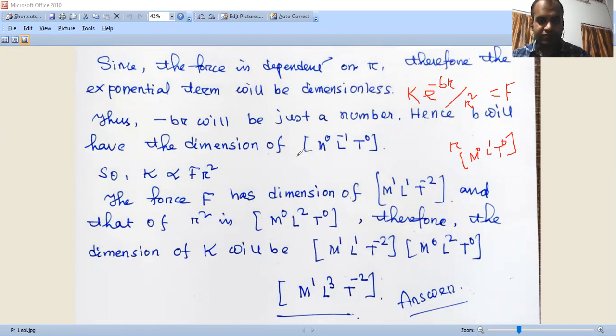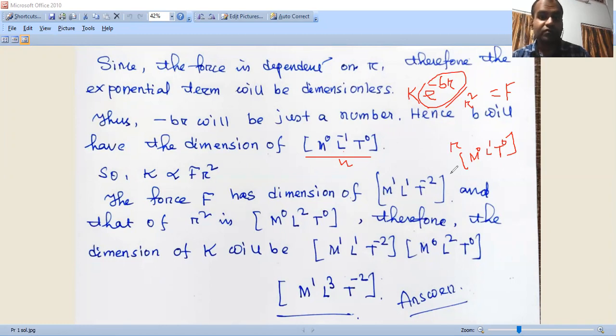It would be M0 L to the power minus 1 T0. So this would be the dimension of B. If the dimension of B is inverse to that of R, then this exponential quantity will be dimensionless. I hope this part is clear.